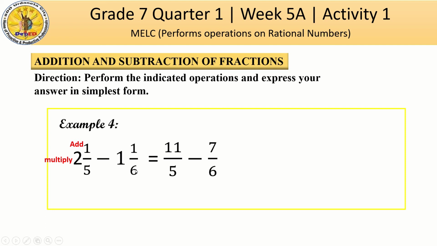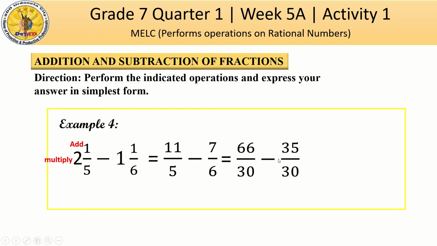Okay, then 6 times 1 is 6, plus 1 is 7. Then we need to get the LCD of these 2 fractions. The LCD of 5 and 6 is 30. 30 divided by 5 is 6, times 11, we have 66. Minus 30 divided by 6 is 5, times 7, we have there 35.